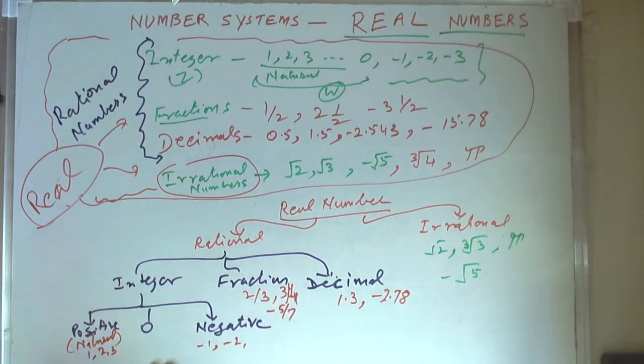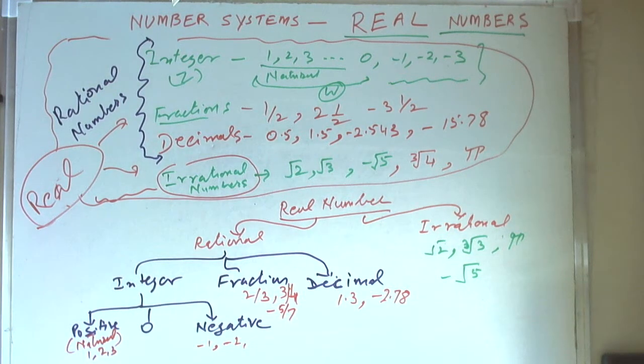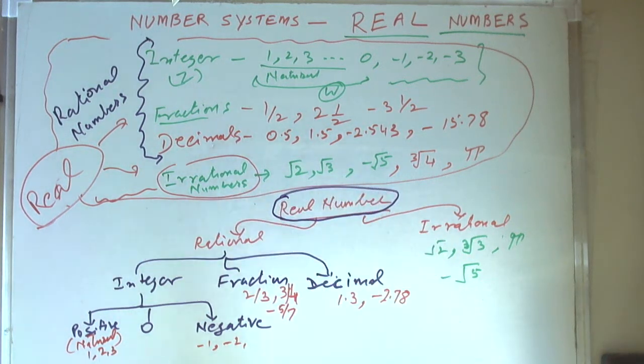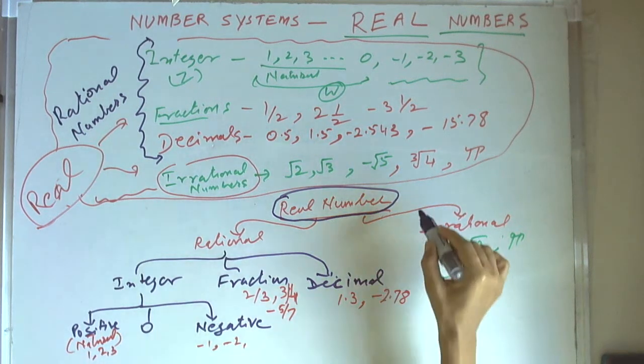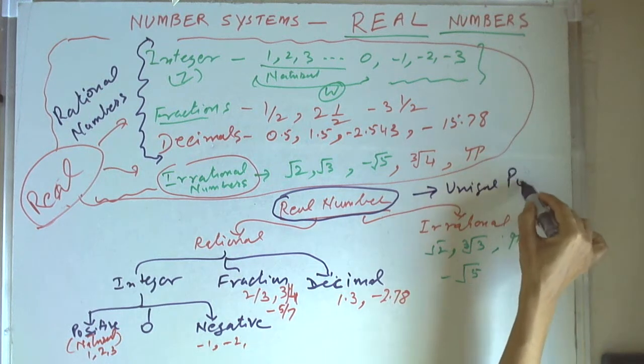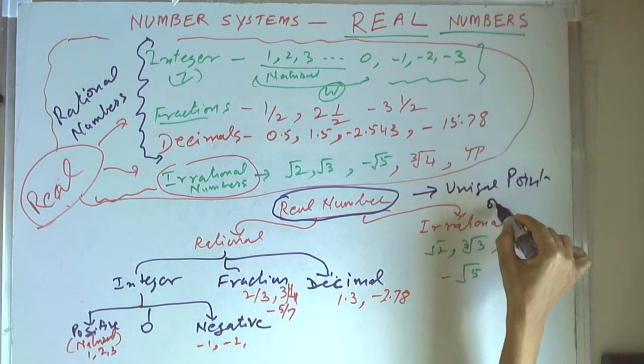So this whole collection is called real numbers. Why are they called real numbers? Because they can be represented by a unique point on the number line.